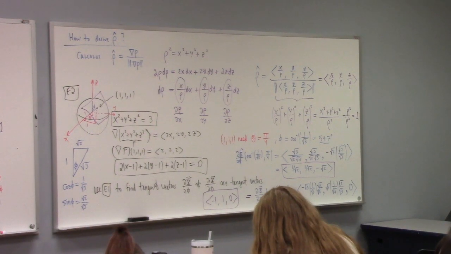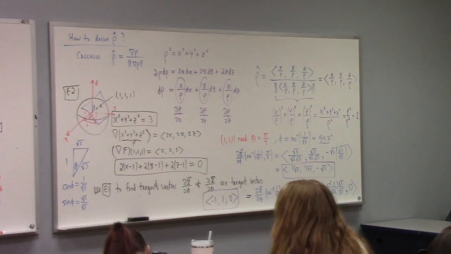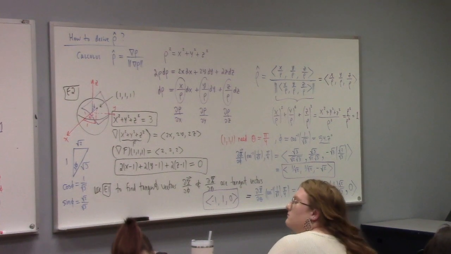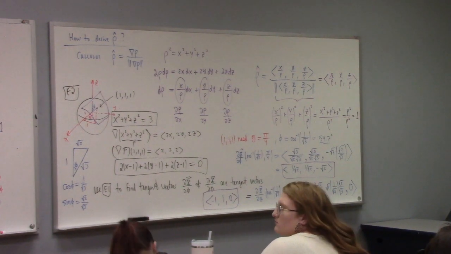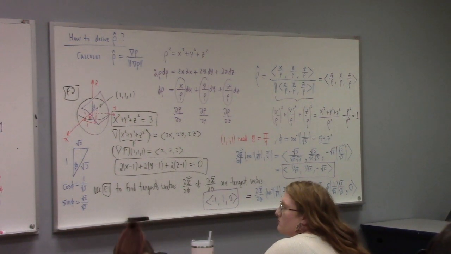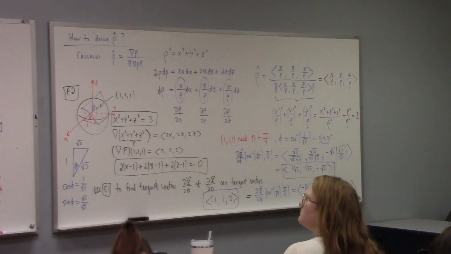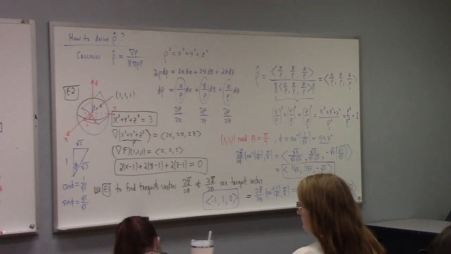All right. The comment I was making mid-example I should follow up on briefly. If you want to parameterize an ellipsoid, so like an ellipsoid, I'll do it up here.